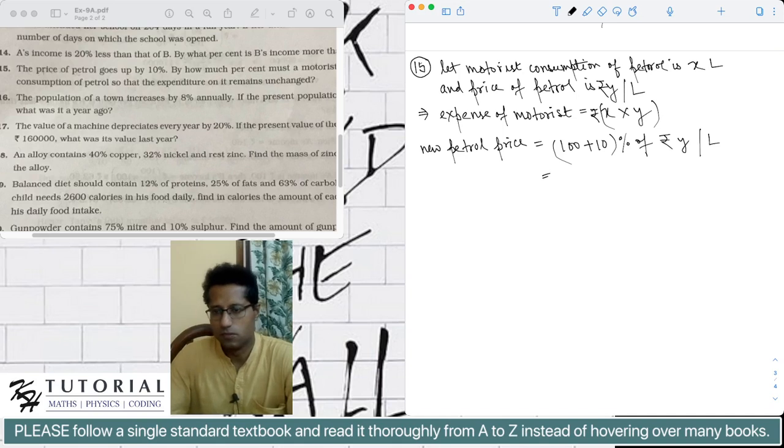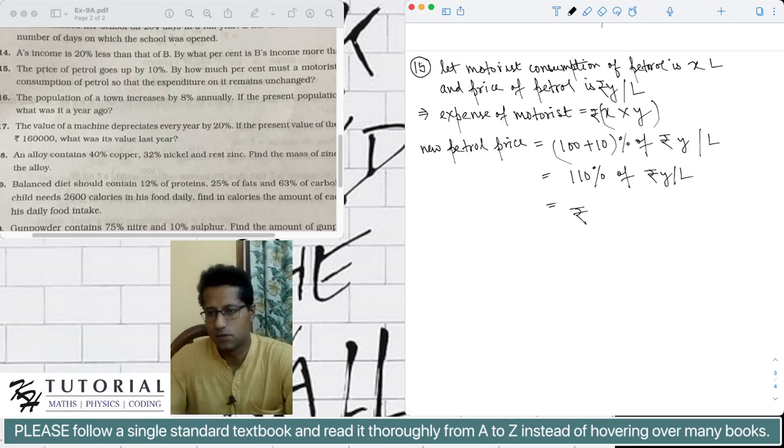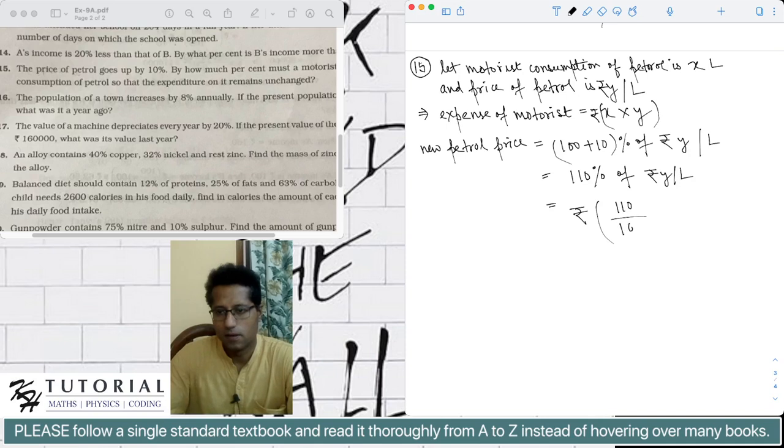So we can say this will be equal to 110% of rupees y per liter. 110% of y becomes 110 divided by 100 multiplied by y. So this much rupees per liter is the new price of the petrol.